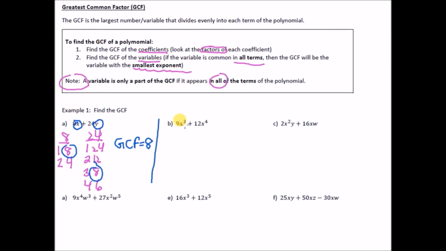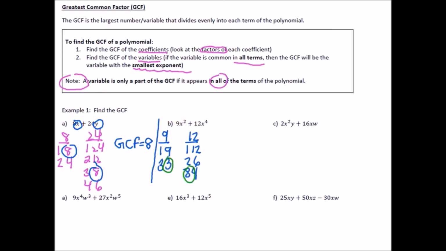Okay, next one, 9x squared and 12x to the 4. So let's take a look at the numbers first. For 9, I get 1 and 9, 3 and 3. And for 12, I get 1 and 12, 2 and 6, 3 and 4. So what is the greatest number there that's common? Well, 3.